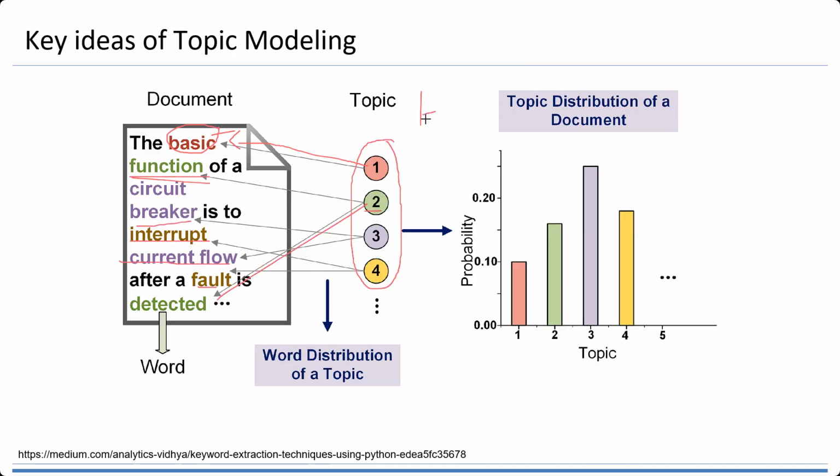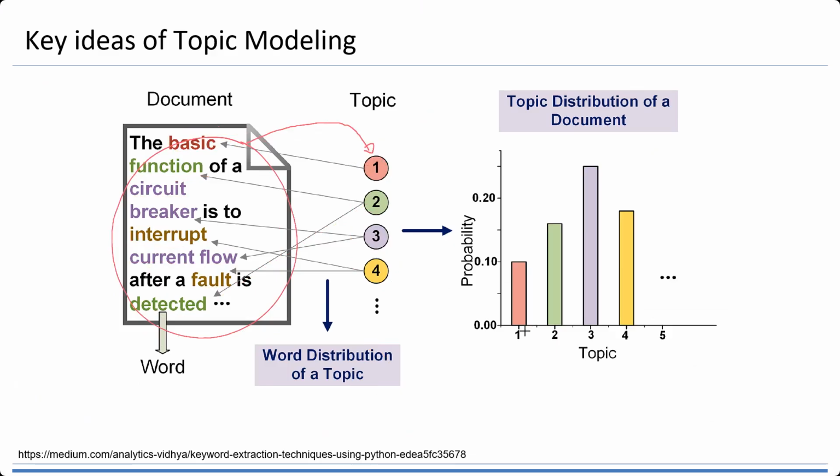When we have topics, usually we determine the number by K. And we have the word distribution of each topic. Now we just have the words basic, function, circuit, breaker, interrupt, current flow, fault, detected. We want to map them into particular topics. So we have a collection of words and we want to put them into particular topics.